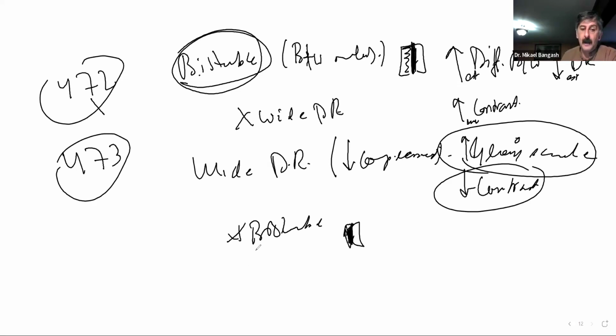Now, please keep in mind, guys, that this option of bistable here could also be written as 1 bit. So if you know how to play around with the words, they still mean the same. You may know what's coming.